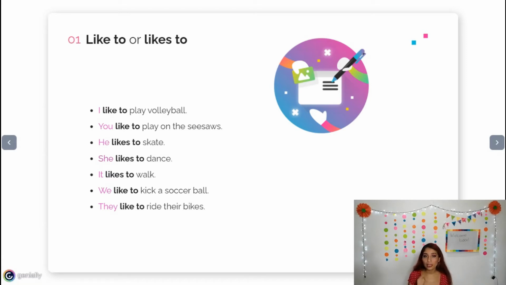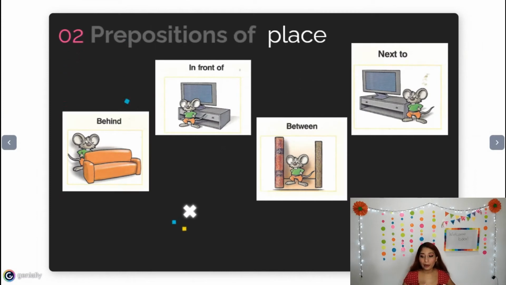Pay attention to this. And the rest of them are going to be with no S: I like to, you like to, we like to, and they like to. Copy this.